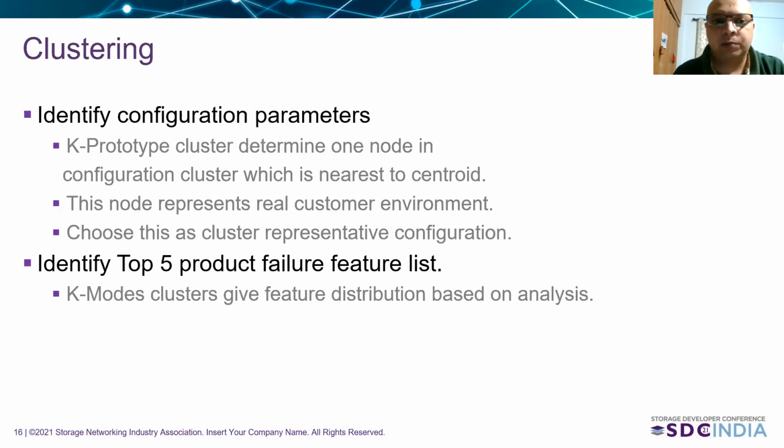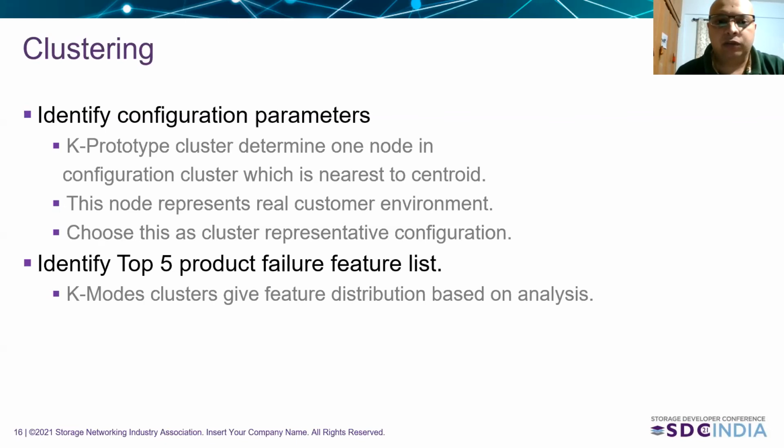In the K-prototype cluster, we determine one node in the cluster which is nearest to the centroid. This particular node is the real customer environment. We choose this as the cluster representative configuration, and this node will be selected as the configuration for our test.